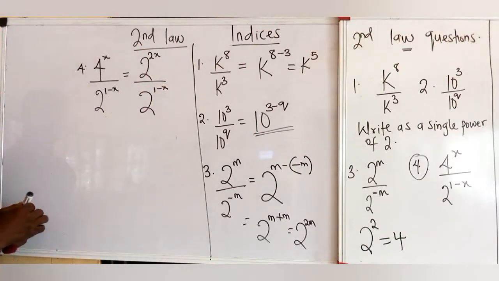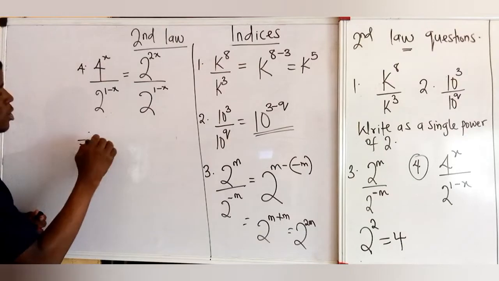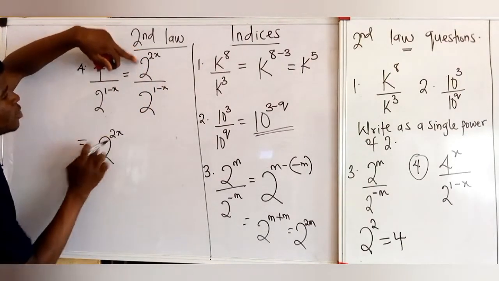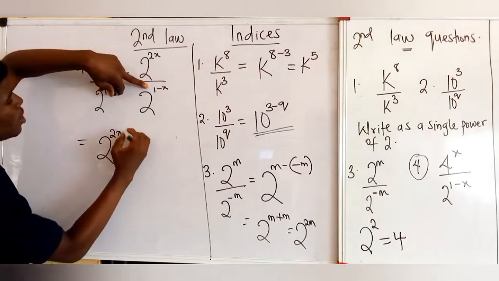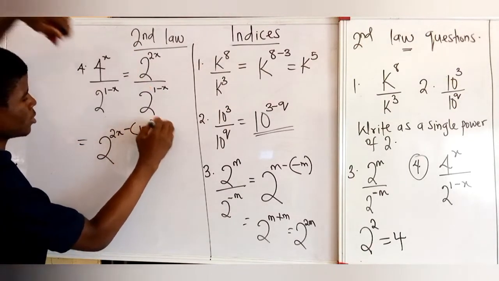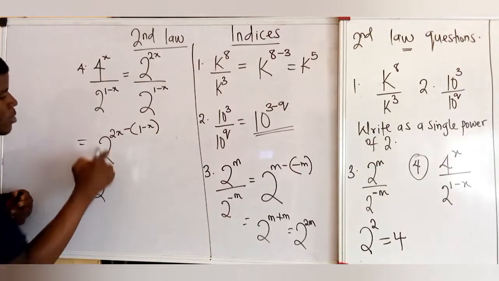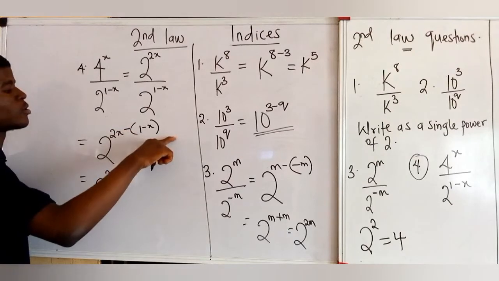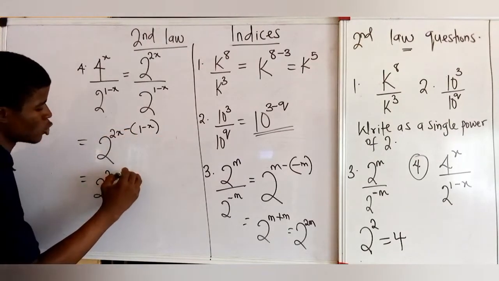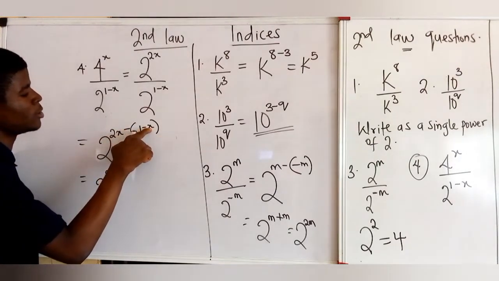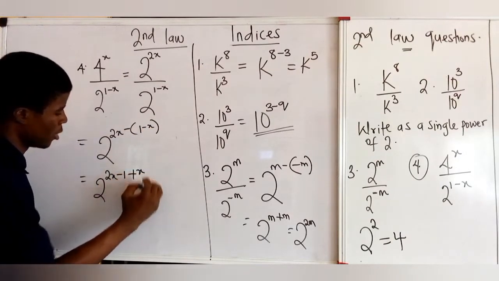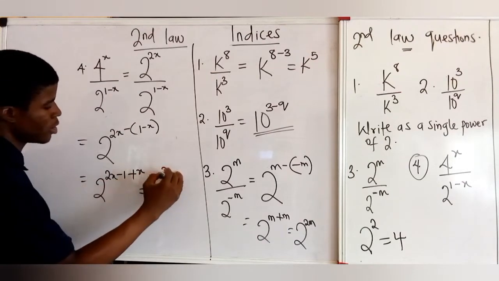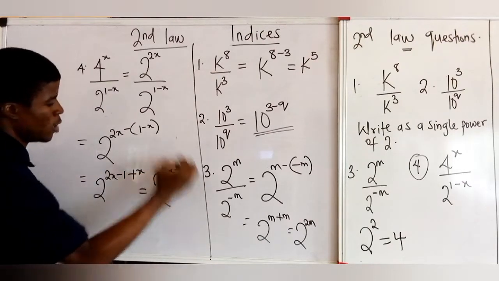So what will I do? Based on this law, I have 2 to the power of 2x. They have the same base, so I put one base. Minus 1 minus x. So I have what? 2x. The negative sign here will distribute over. I have minus times 1, minus 1. Minus times minus x, I have plus what? x. Finally, I have 2 to the power of 2x plus x is 3x minus 1.